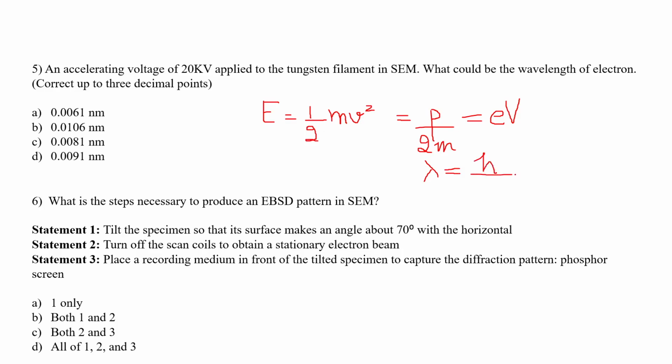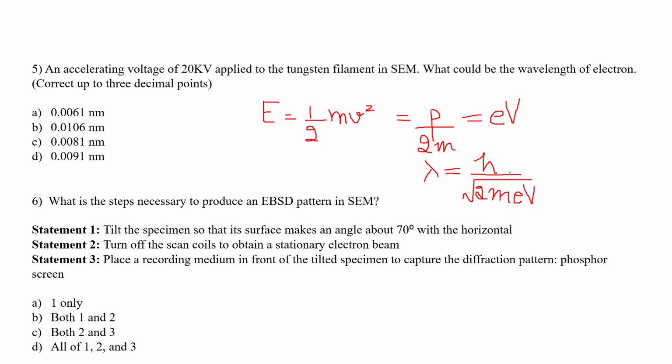Using these energy equations, we get the wavelength lambda equal to h, where h is the Planck constant, divided by under root of 2 m e V, where m is the mass of electron, e is the charge of electron, and V is your potential.